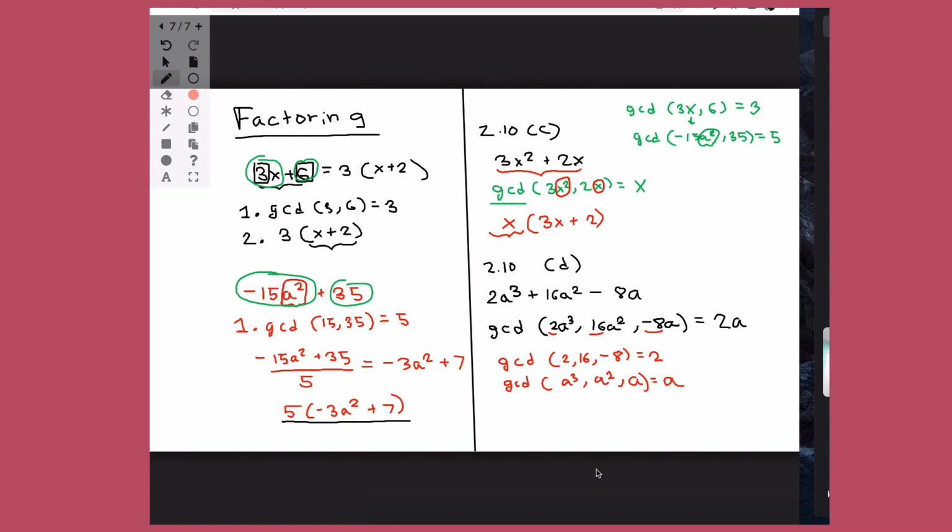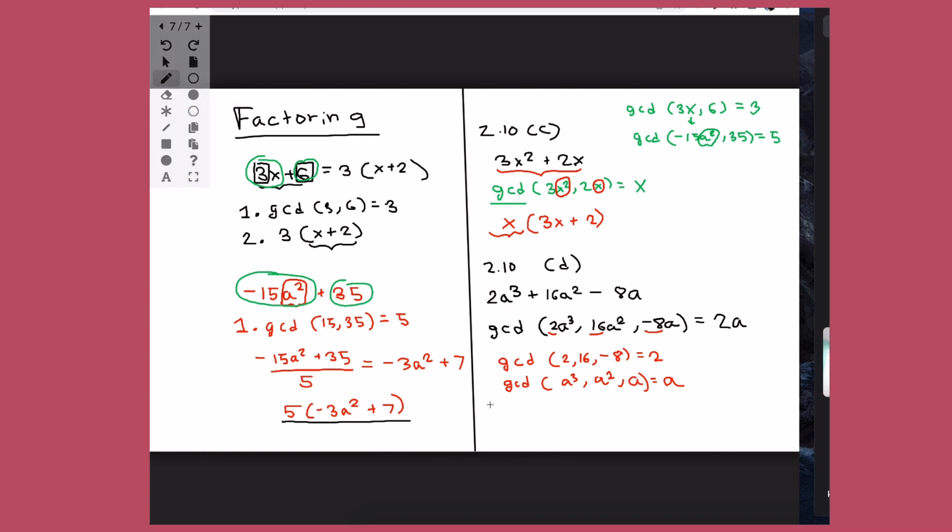But yeah. So once again, we have these two GCDs: of the constant terms 2, 16, and minus 8, and of a cubed, a squared, and a. So GCD is multiplicative, which means that, okay, I should probably say this.